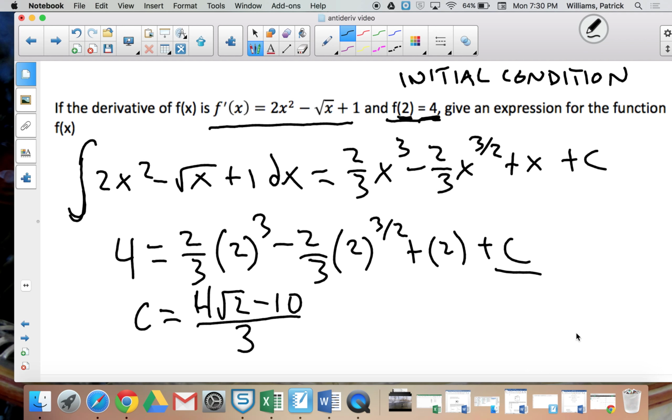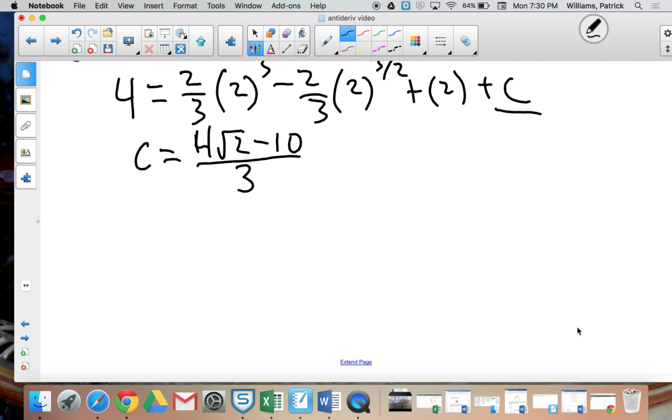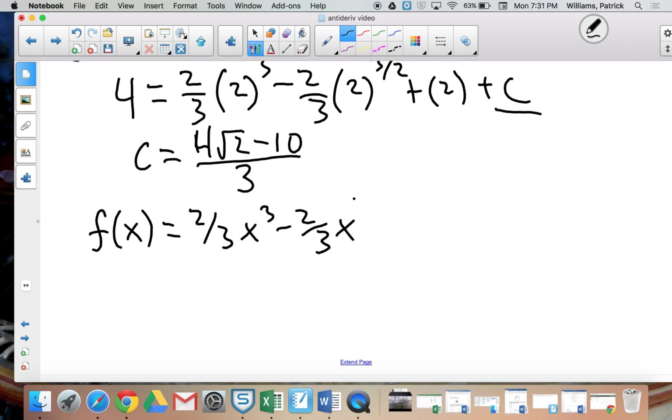So therefore, this function can be written as our particular solution, which we'll call f of x. That will just be 2/3 x cubed minus 2/3 x to the 3/2 plus x plus 4 square root of 2 minus 10 over 3. All right, so that's what we end up getting for our solution there.